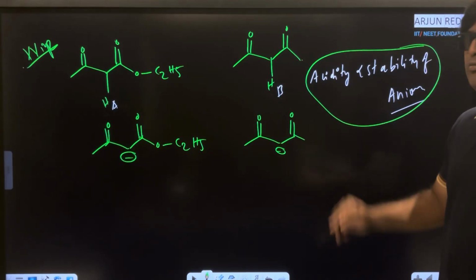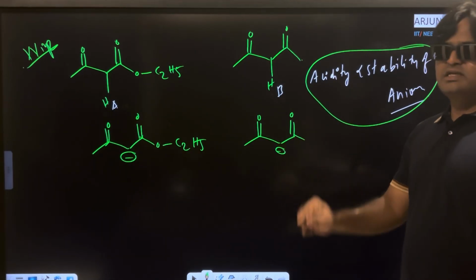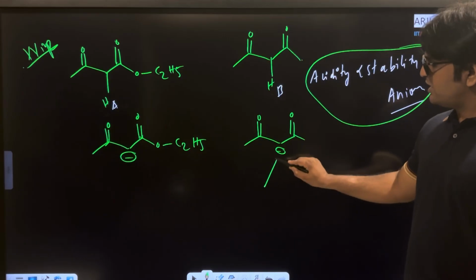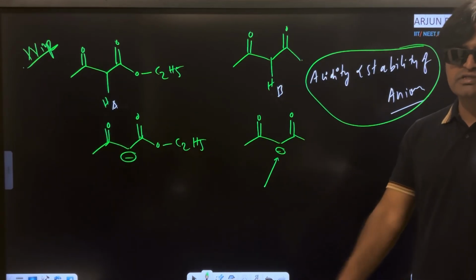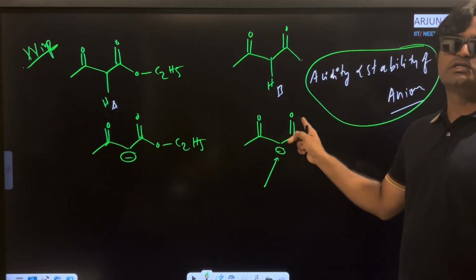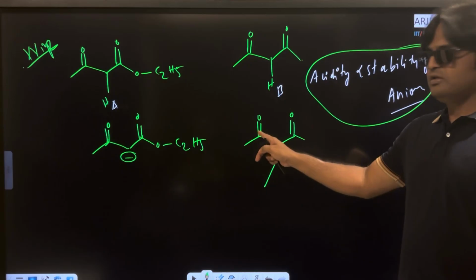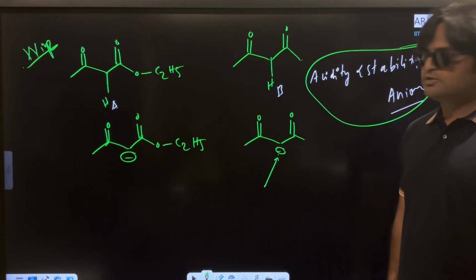Now you look at the second molecule. After removal of the proton, look at the stability of the anion. If you ask this carbanion, what about your stability? It will say, yes sir, I have conjugation with both carbonyls. Negative sigma pi, yes, there is a conjugation.